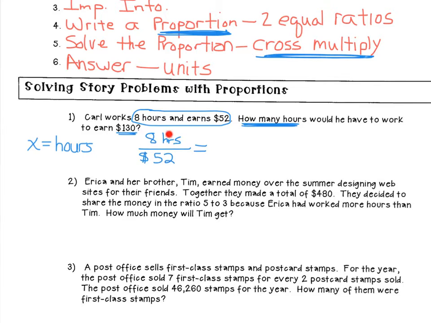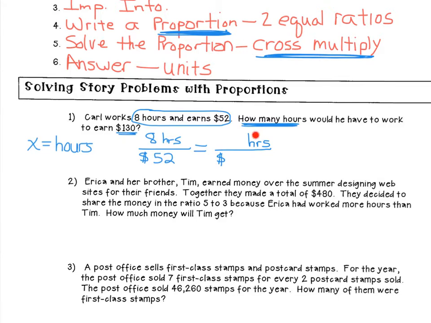Since I put hours in the numerator here, I have to match that. Hours has to be on the top over here. And since dollars is in the denominator, it has to match over here. So over here, I also have to have hours and dollars. To be a proportion, the units need to match. Hours, hours, dollars, dollars.